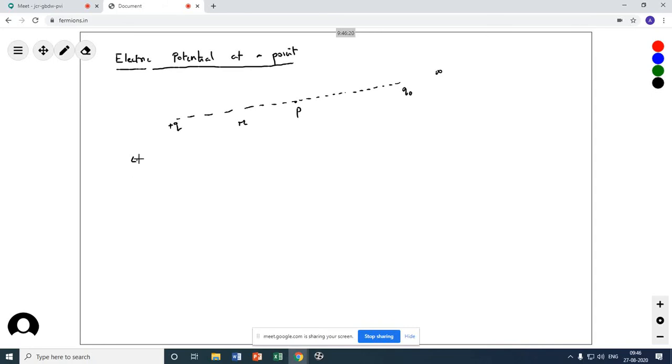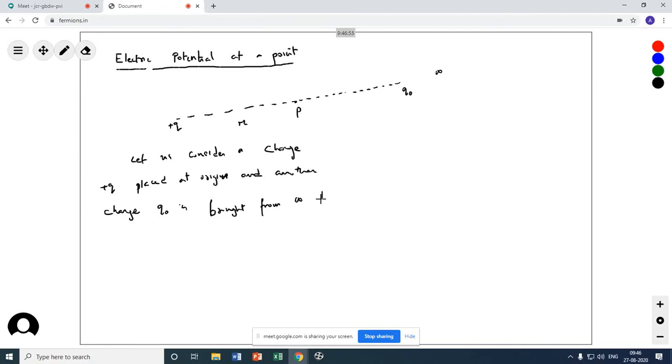So let us consider a charge plus Q placed at origin and another charge Q0 brought from infinity to a point P in the electric field of plus Q. The point P is at distance r from Q.